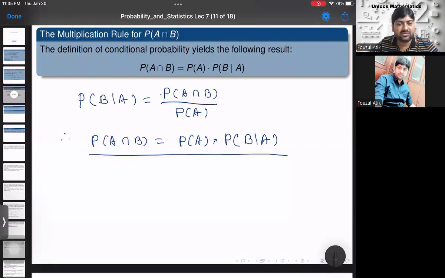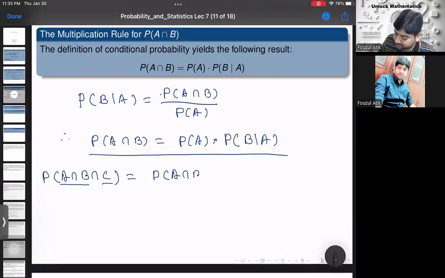Now, if we have three events, then we can extend this formula also. I'll show you. Suppose I have P of A intersection B intersection C. You take this to be one event and this to be another event. Then if you apply the above formula, you will have P of A intersection B into P of C given A intersection B. Correct?